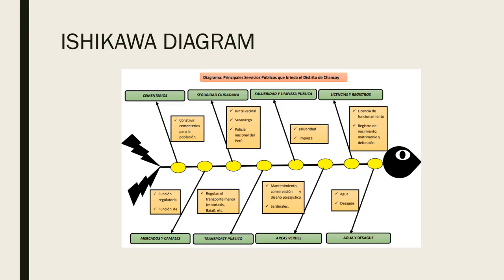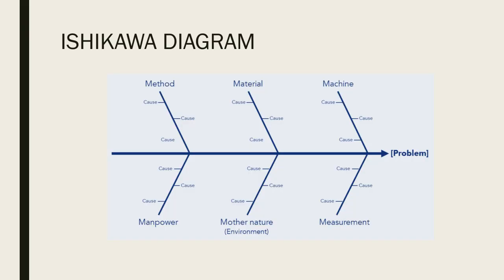These causes are grouped in categories, which in civil engineering are usually the following six: manpower, materials, machinery, methods, mother nature, and measurement. The main advantage of using the diagram is that it forces the team to think in a structured way, not focusing on just the most evident issues, but on the most harmful.